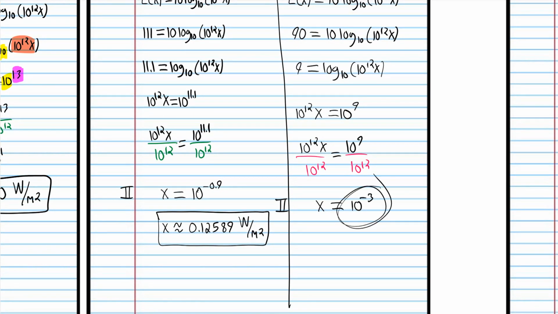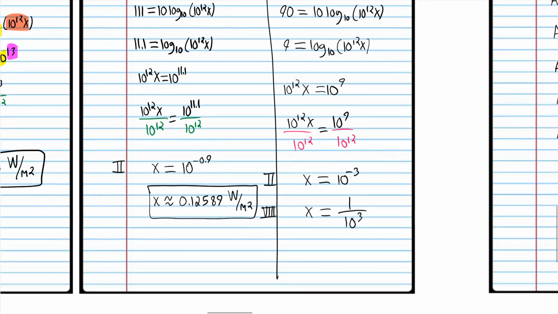Now we could just enter this into our calculator as we did with this problem, but let's just demonstrate exponent rule number 8. What this means is 1 over 10 to the positive third, and that would be equal to 1 over 1,000, and that's equal to 0.001.